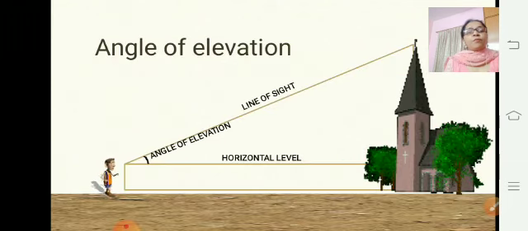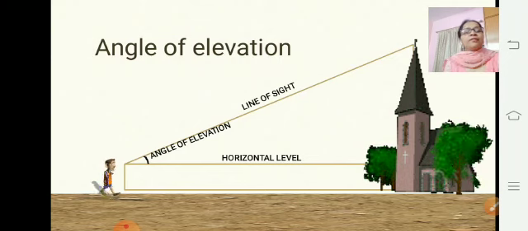There are two important angles which you must keep in mind. One is the angle of elevation and the other is the angle of depression. In a particular figure over here, you can see a man walking towards a church.